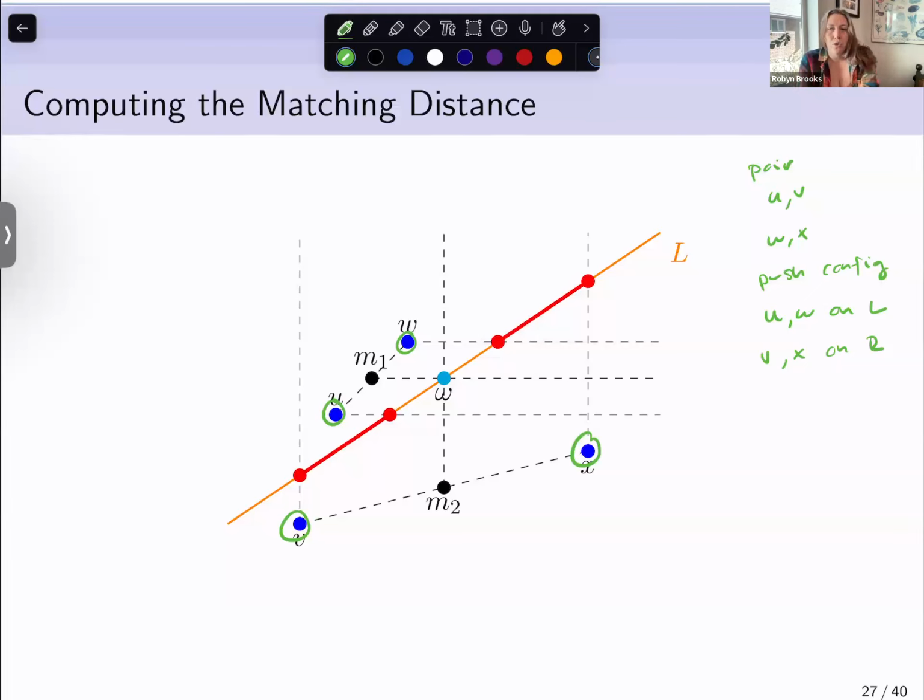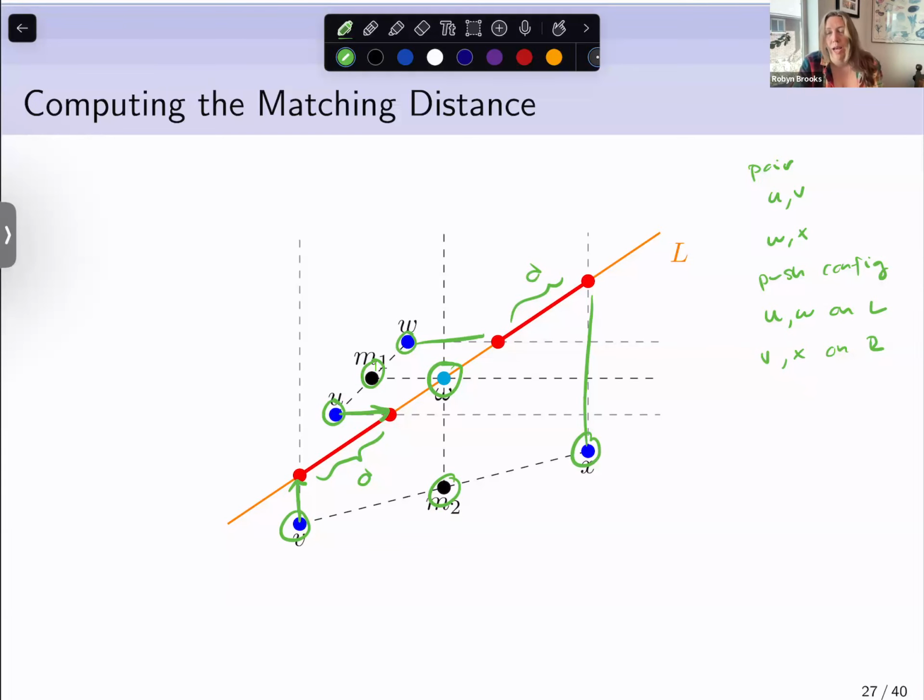This choice of pairing and the push configuration gives me a formula for this point omega. I compute M2 and then I compute M1, and then I can compute omega. And this omega has the property that for any line through this point, the distance between the push of V and the push of U, so this distance here, and the distance between the push of W and the push of X is the same.